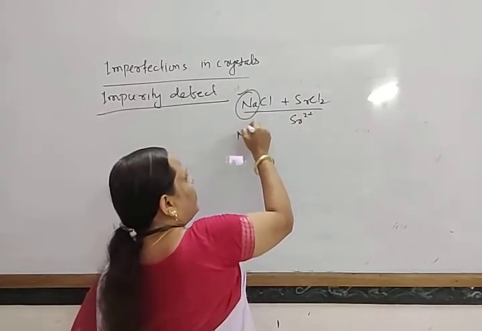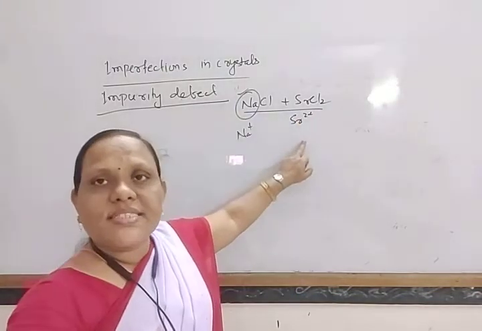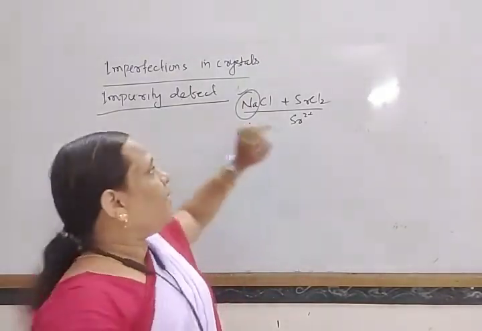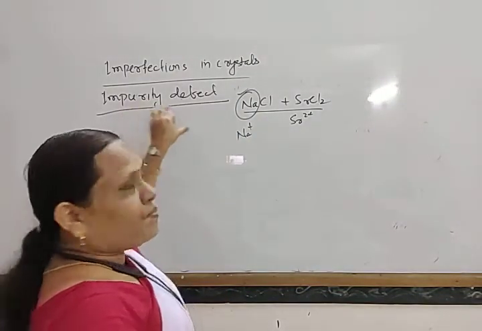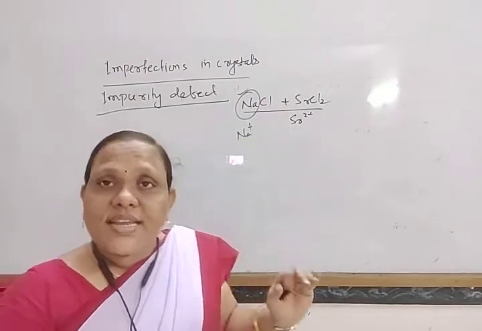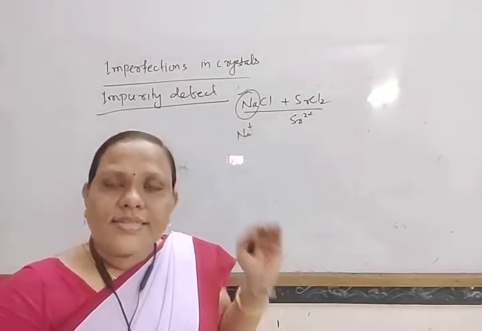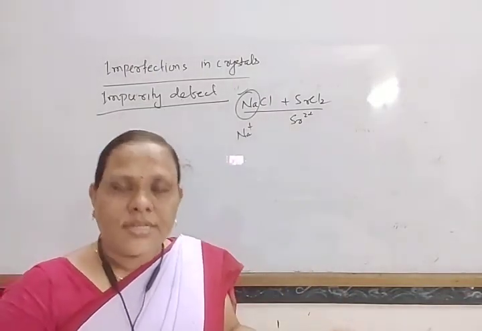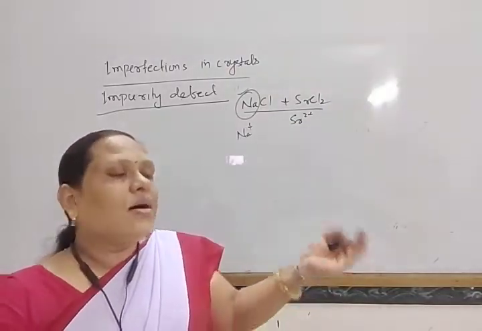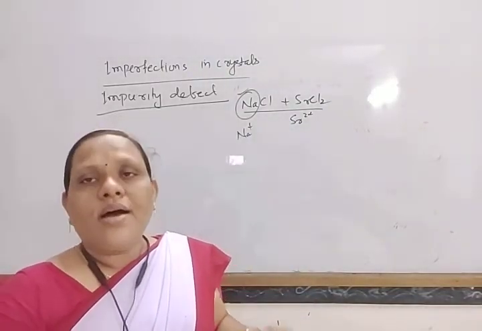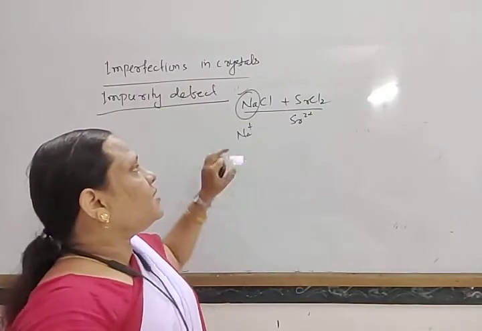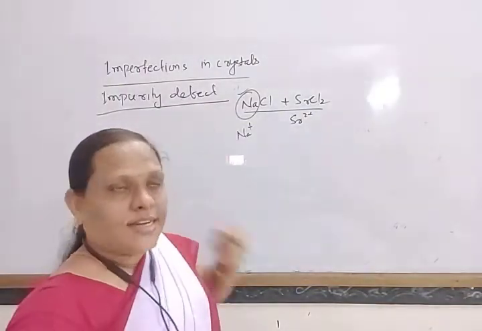In the place of Na plus ion, some of the Sr2 plus ions remain, and that type of defect is called impurity defect. So in the crystal lattice, at the lattice sites of some cations, if some foreign cations remain or substitute, then that is called impurity defect.